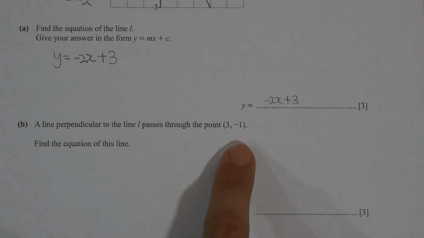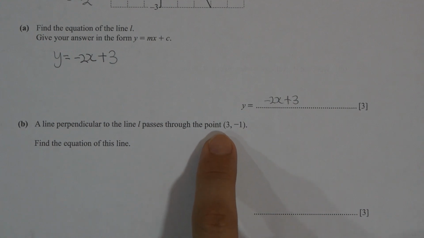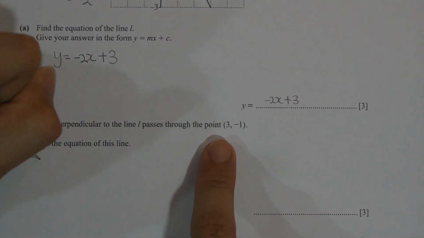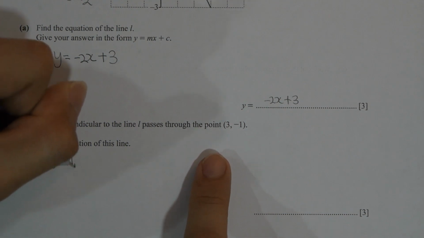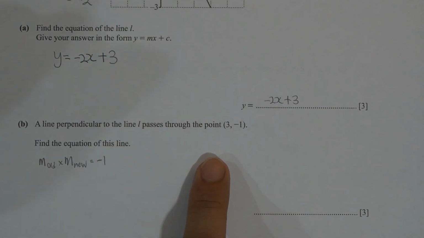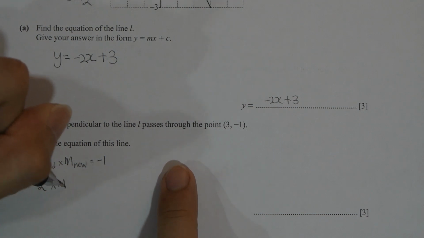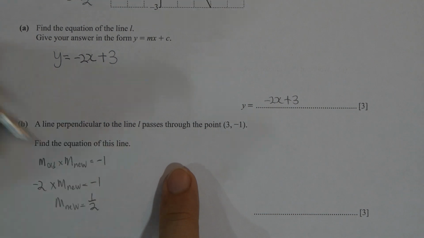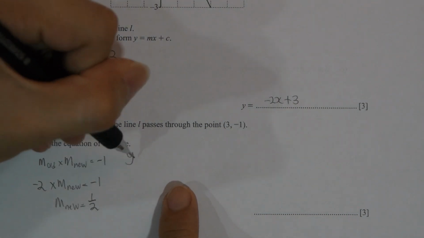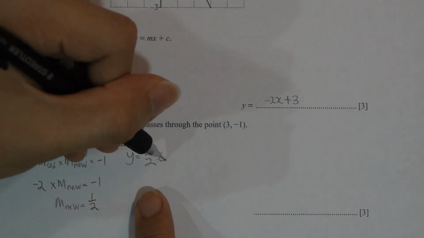So the next question, it goes by perpendicular and they give you a point. When it's perpendicular, the gradient of the old times the gradient of the new one will equal -1. Run the calculation, then you get a gradient of 1/2.